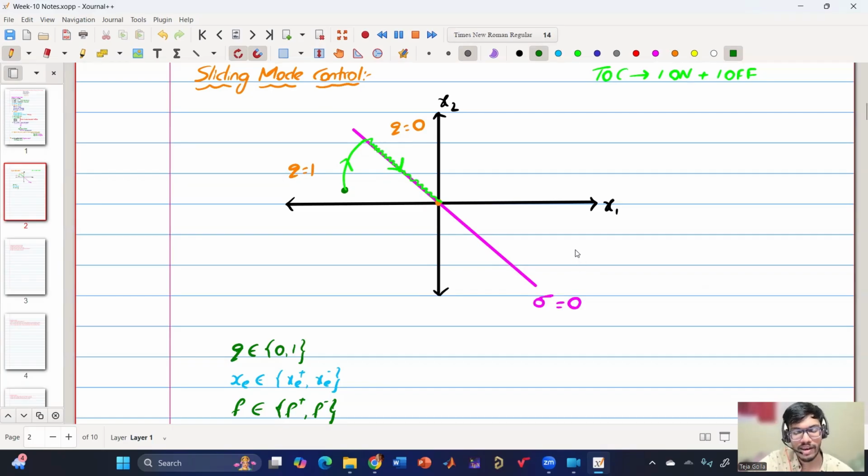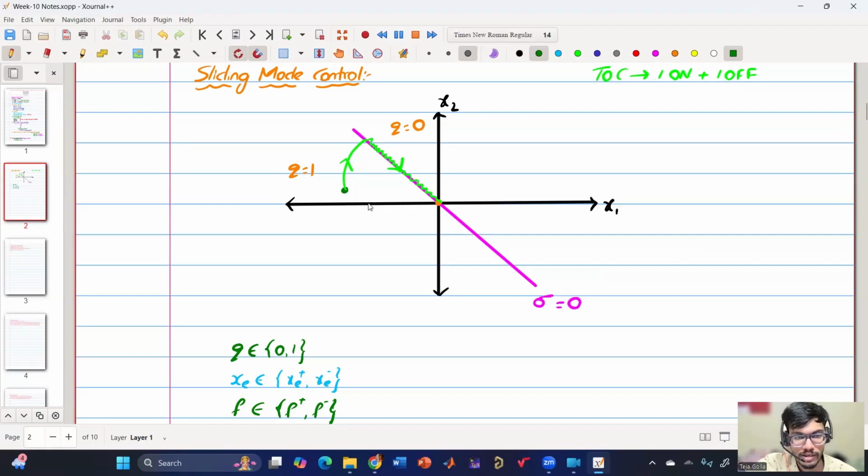We have discussed how to make a trajectory flow along a line. Last week, we saw that if the trajectory starts on the eigenvector, it will flow along the eigenvector. That is for a linear system, because it doesn't have multiple equilibrium points. But a switching system has two equilibrium points, right?